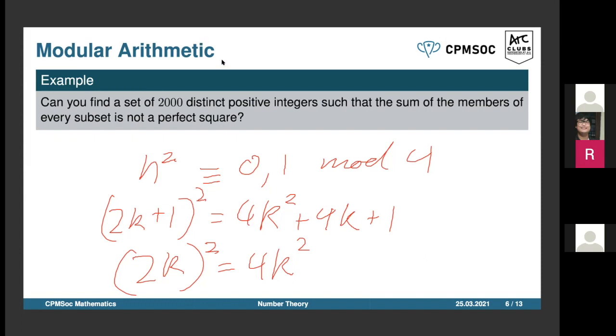So a proof by contradiction, maybe. If we're proving that there is a set of distinct integers, we could assume there's no such set. It's a little bit difficult because then we have to try and construct a set or come up with an arbitrary set that disproves it.